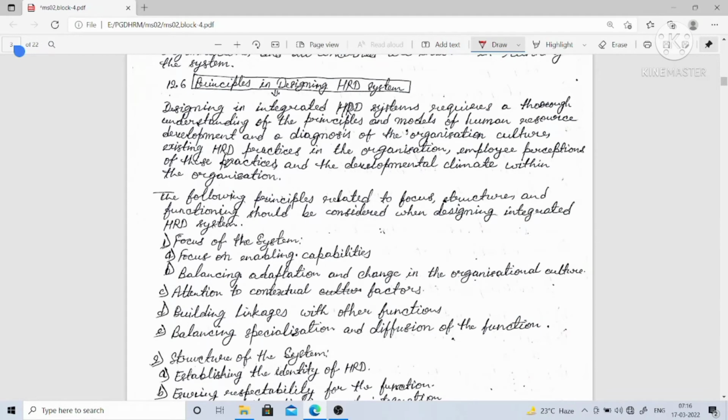You can see here on the screen, designing an integrated human resource development system requires a thorough understanding of the principles and models of human resource development. So if you know the principles and models of human resource development, then only you can design integrated human resource development system, otherwise you cannot.